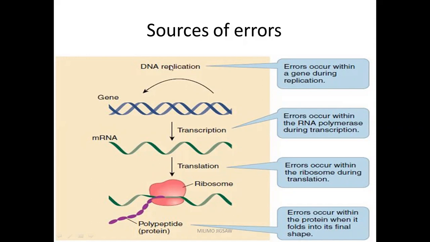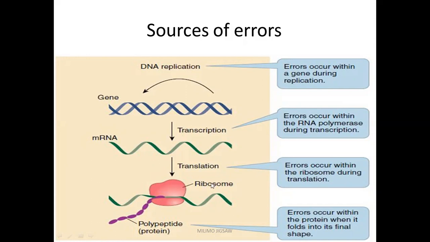A gene is a segment of DNA which codes for a complete polypeptide. And so in the DNA, an error can occur during the replication process. During the process of transcription, an error can also occur within the RNA polymerase, which is going to lead to a mutation as well. And then even during the process of translation, the error can occur within the ribosome.